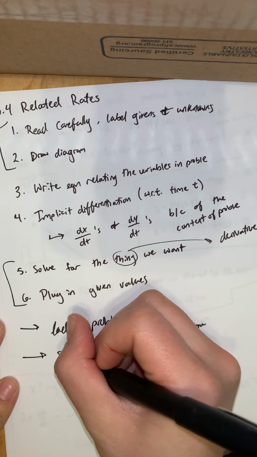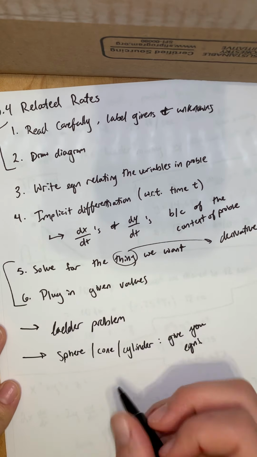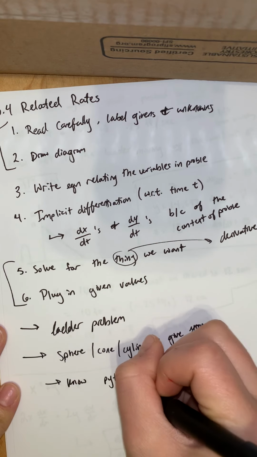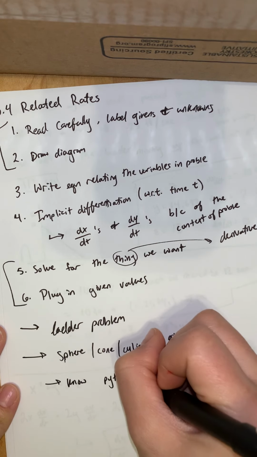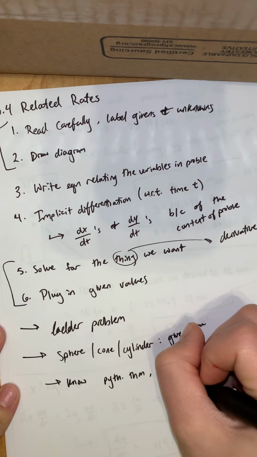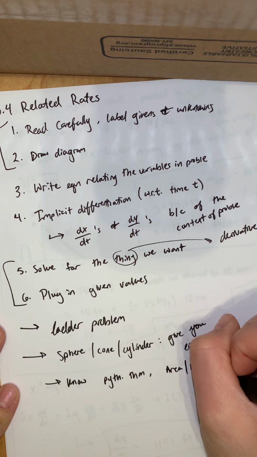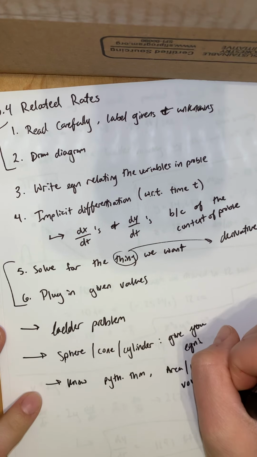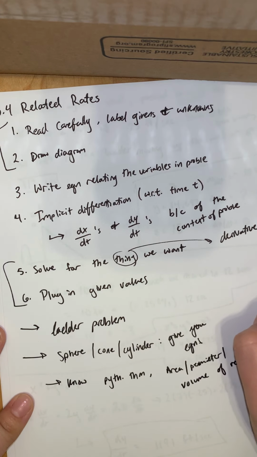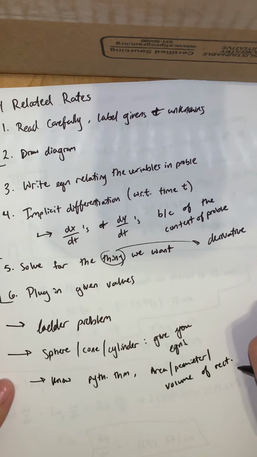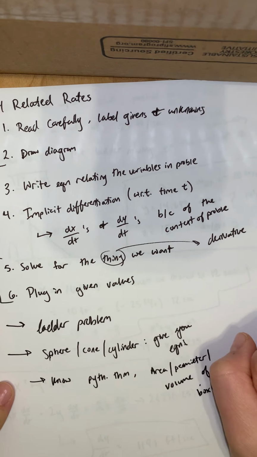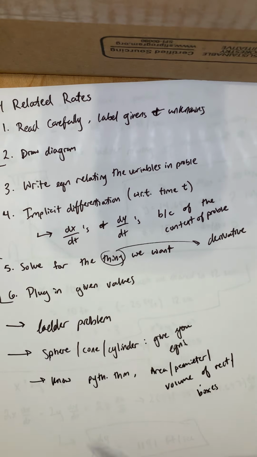What I really care about you knowing are the equations for the Pythagorean theorem, and things like the area, perimeter, and volume of rectangles and boxes. So again, spheres, cones, cylinders, weird shapes, things like that.